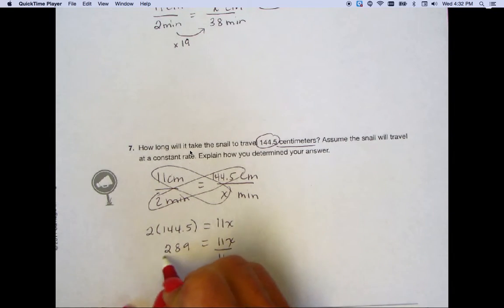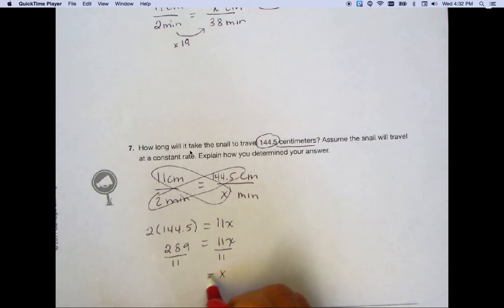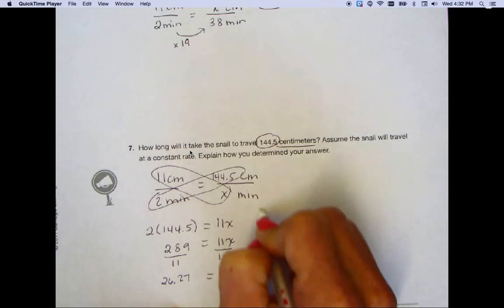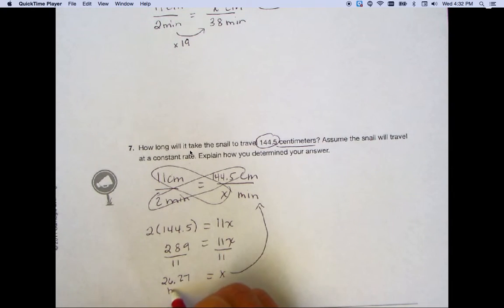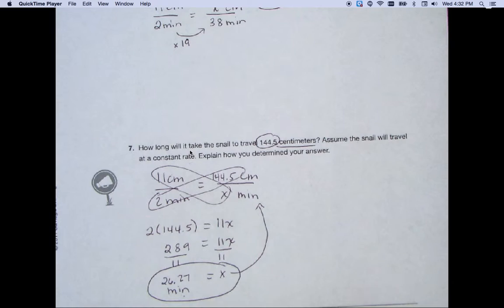If I divide both sides by 11 and I round, I'm going to get 26.27. And I have to use my label. So it's a little over 26 minutes. This is the end of the mini lesson.